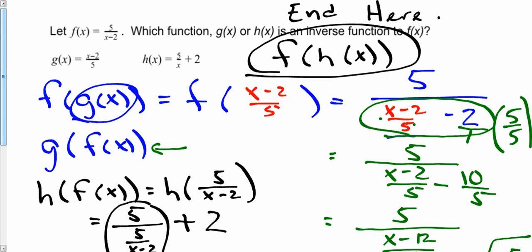Yes, sir. So, f composed with h of x. And then h is 5 over x plus 2. Okay, so, now what's f?